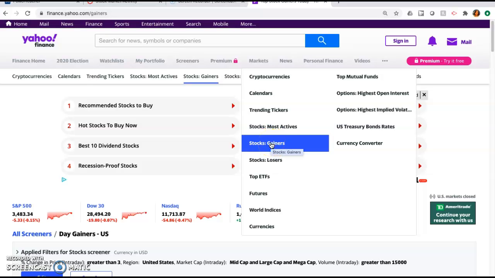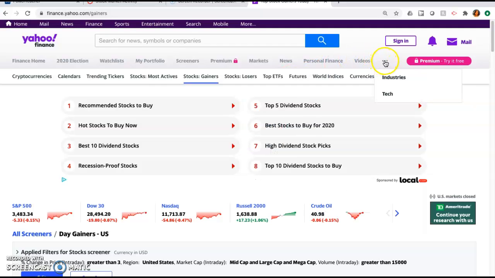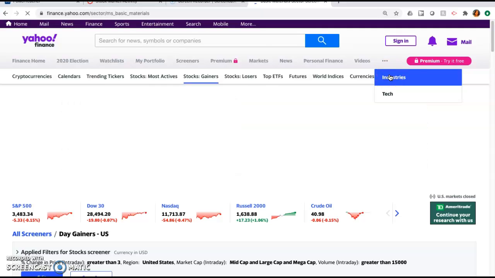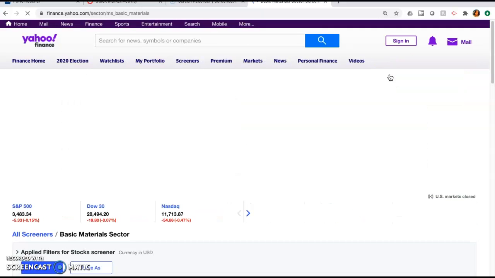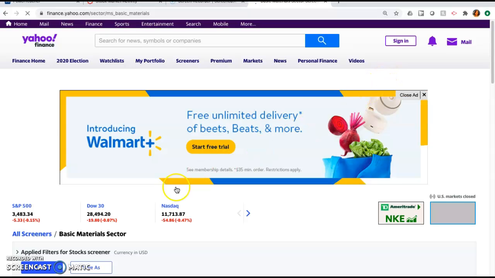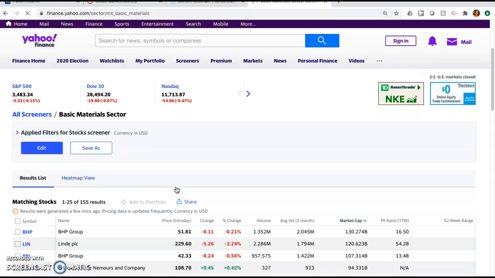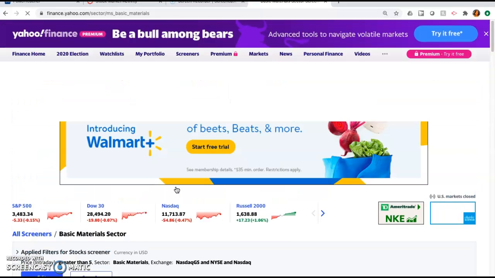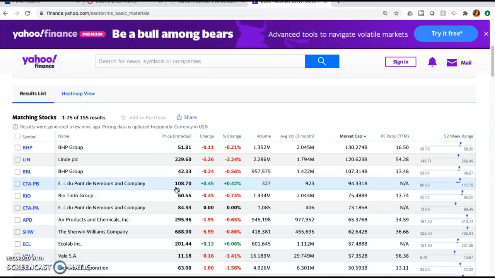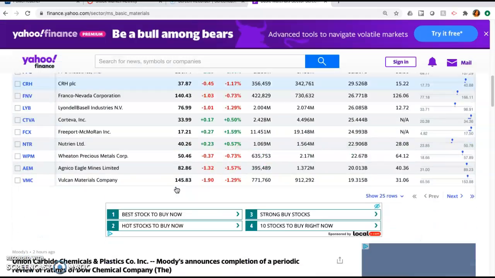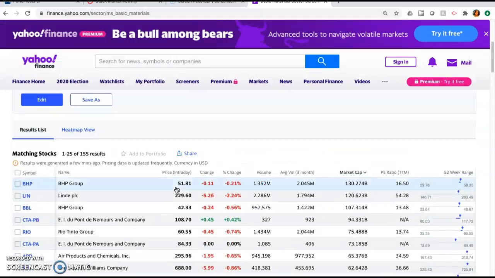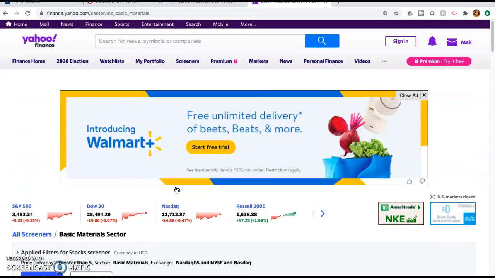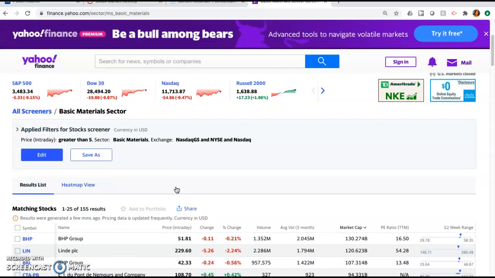I know there was one under industries, like top performing industries. Ah, there we go. If you click the More button, Industries, this is also a good way to find some stocks of interest. Like I said, every year I get on here, it's a little bit different.